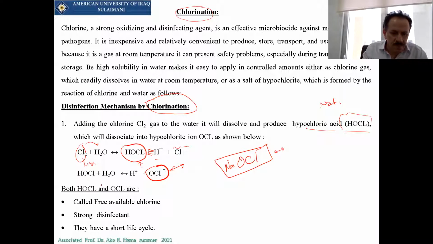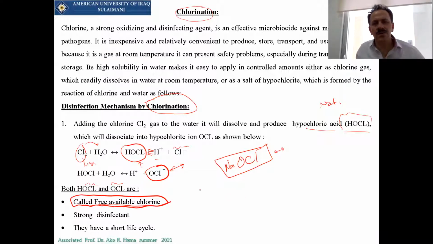And when you are using chlorine gas, some of them are OCl and HOCl. They are called free available chlorine. What does free available chlorine mean? It will stay free in the water, and it will attack any kind of microorganisms that we have.